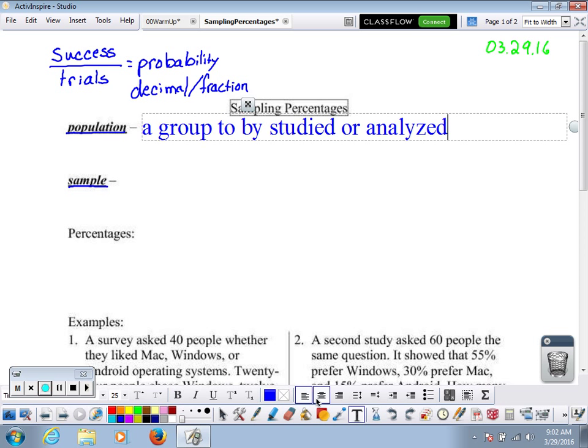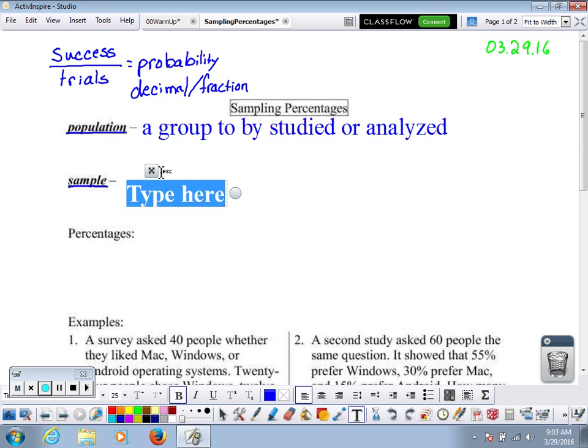It could be a number of tests that I'm looking at. In the medical field, you talk about sampling a population of drug trials, trying to see what medications work. That's the entire population, the entire group that they want to study.